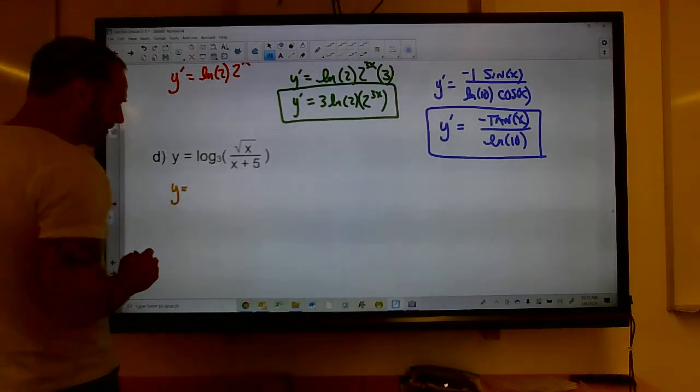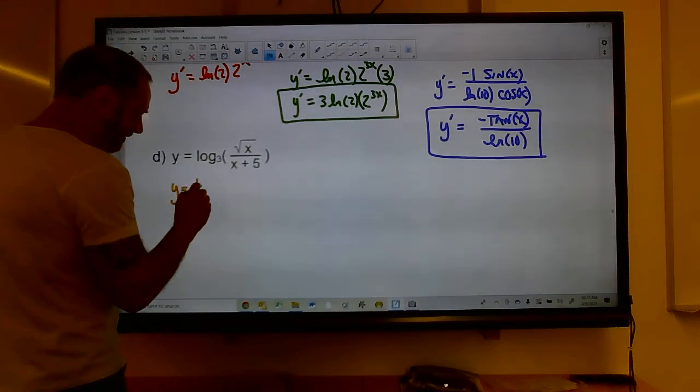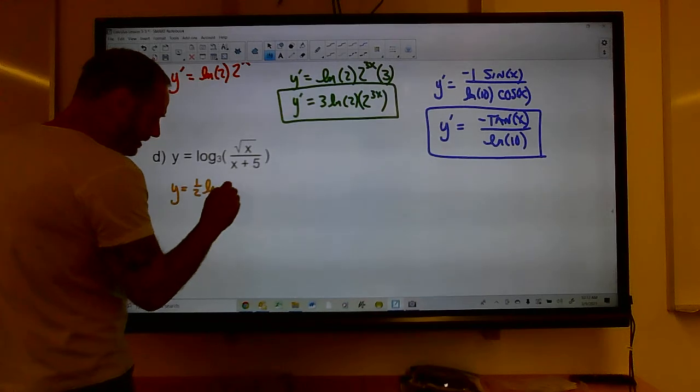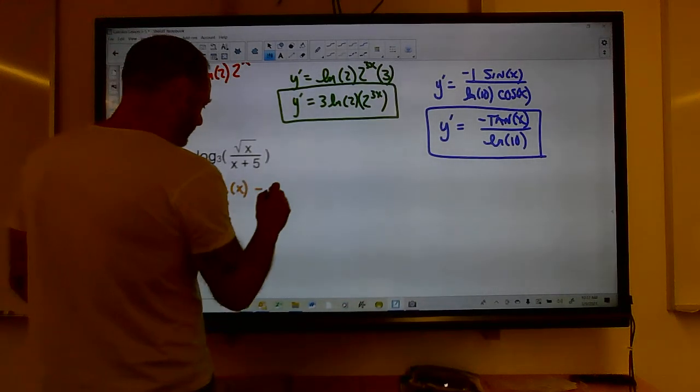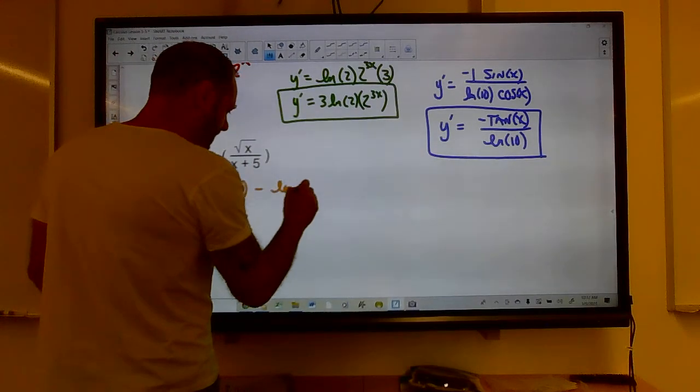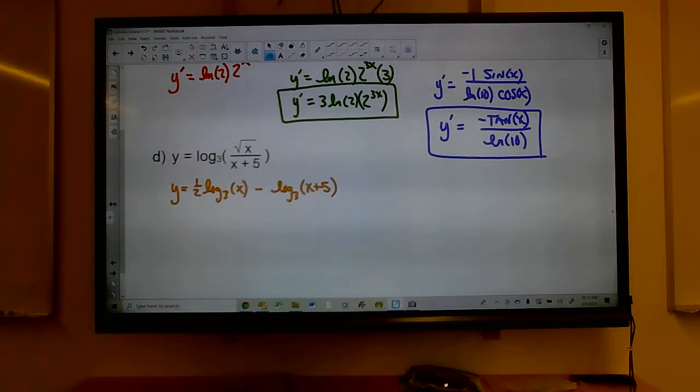We're going to change this equation to y equals 1/2 the log base 3 of x minus the log base 3 of x plus 5. So we're using our properties of logarithms to change this equation into something that's easier to take the derivative of.